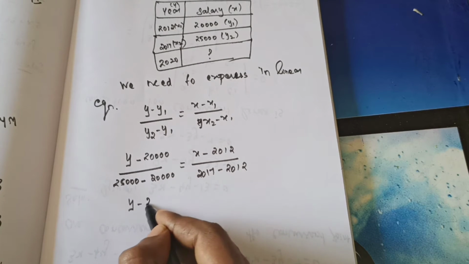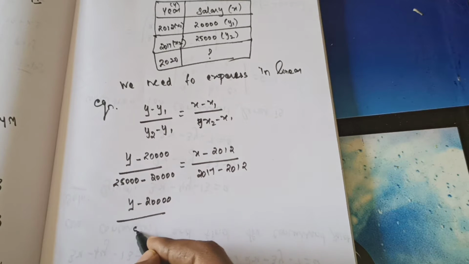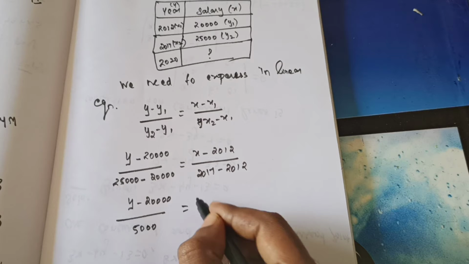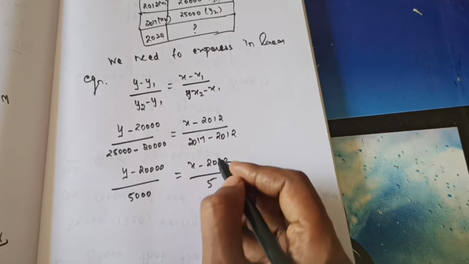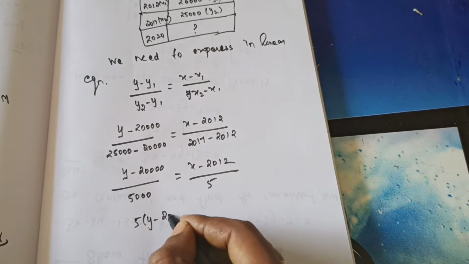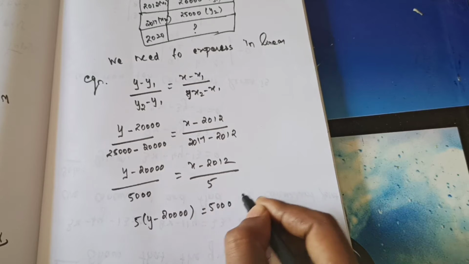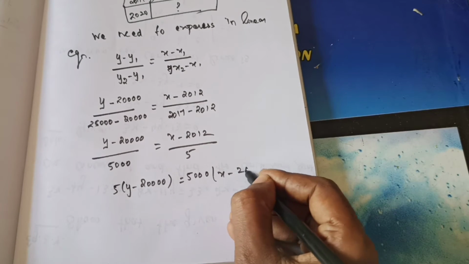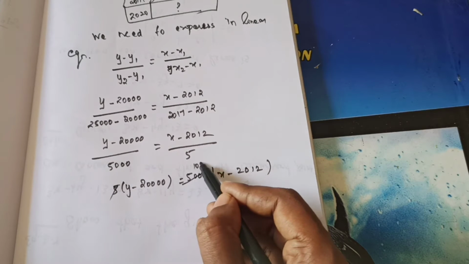So y minus 20,000 divided by 5,000 is equal to x minus 2012 divided by 5. Now cross multiply. 5 into y minus 20,000 is equal to 5,000 into x minus 2012. Easily we can cancel, then only it will be easy for you. So you will get 1,000.